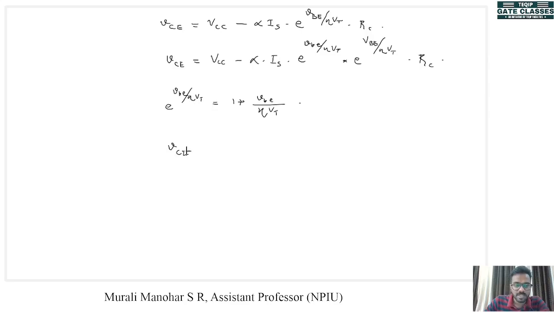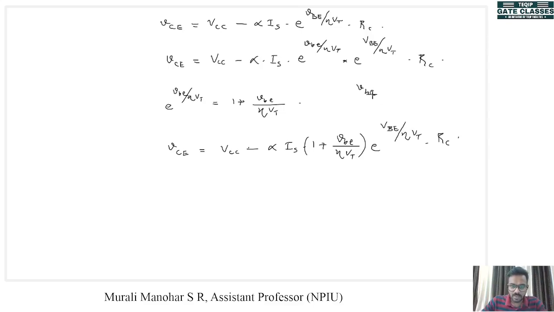So our vCE becomes VCC minus alpha IS into 1 plus vbe divided by eta VT into e to the power VBE divided by eta VT into RC. Now this is done because vbe divided by eta VT is very much less than 1.